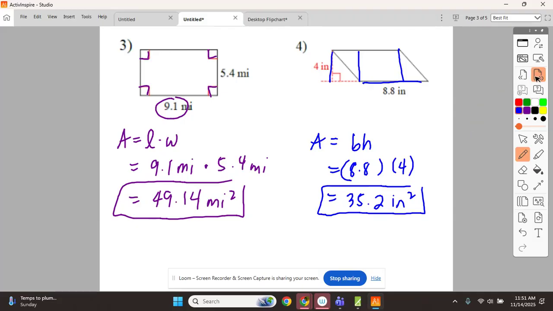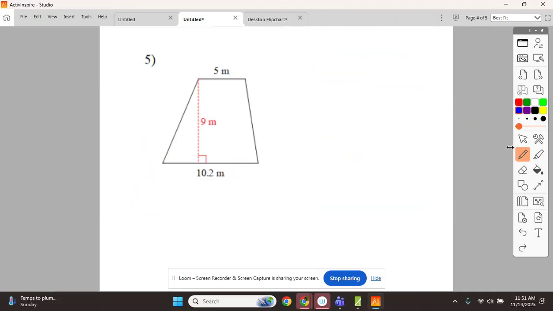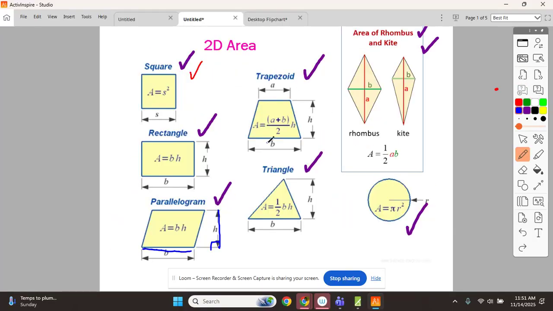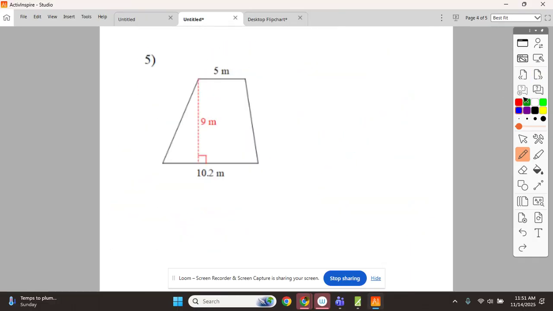Kaboom. All right, next, number five. What figure is this one here? This is a trapezoid. The formula for a trapezoid is you add the two bases, divide by 2, times the height. So the formula is a plus b, these are the bases, the top two parallel sides, divided by 2, times the height.